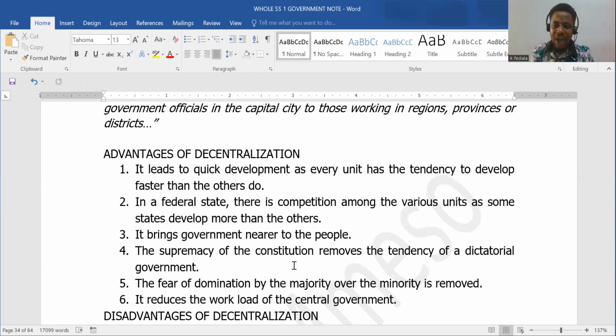So it removes all forms of making laws arbitrarily or being a dictator, a tyrant in terms of how you govern your people. So the fear of domination by one major ethnic group over the minority is removed. So no fear of group A dominating group B, because even group B has government facilities in their area that can make decisions to meet their needs, right?